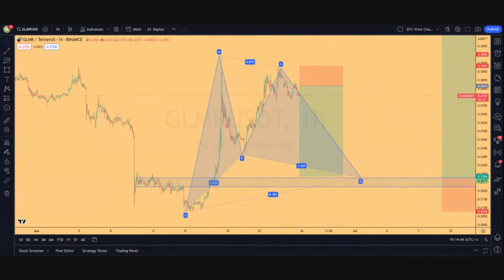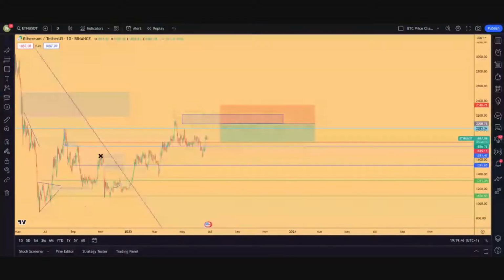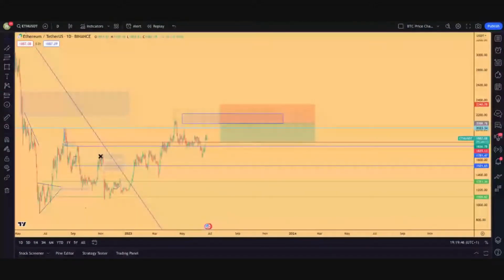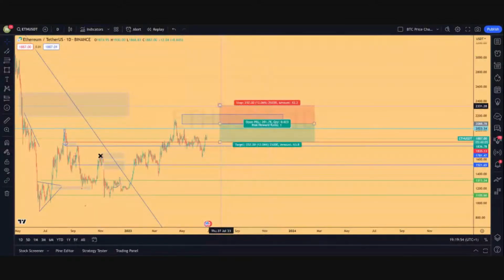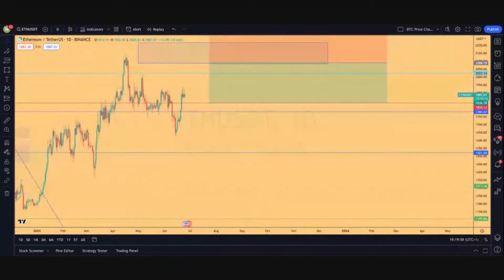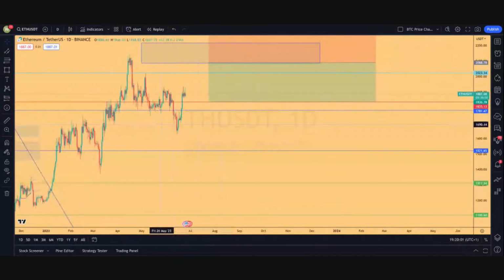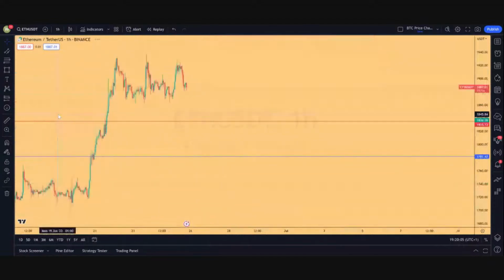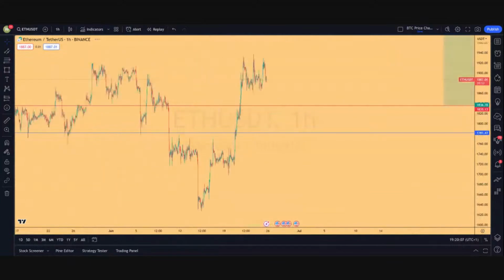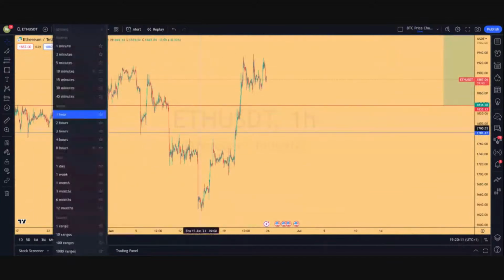Now another trade I'm looking at is Ethereum. I couldn't get a buy entry yet, or probably if I would want to buy, let me go to the 4 hours.